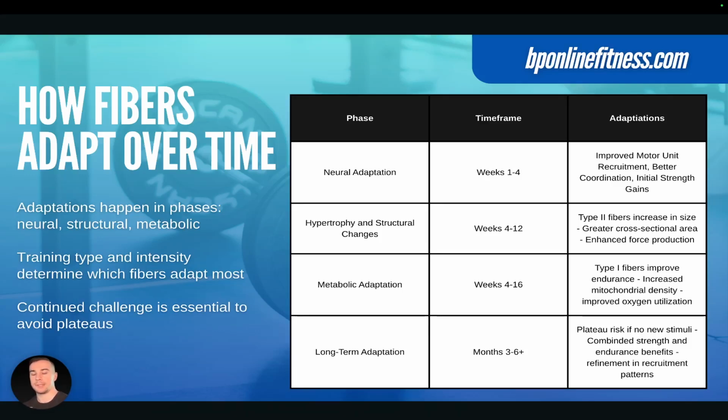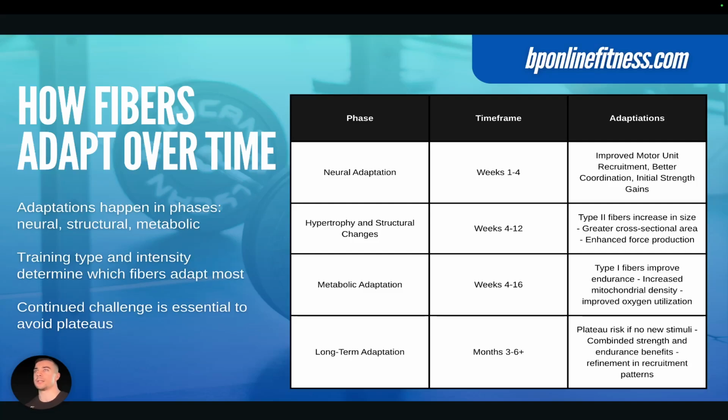Long-term adaptation is months 3 through 6 plus. So this is long-term. This can lead to a risk of plateau if no new stimuli. So what that means is that this is something that happens if you've been weightlifting for an extended period of time and you don't make any kind of changes or periodization, meaning you don't phase out your workouts, you don't change what you do, you stay just consistently doing the same thing.